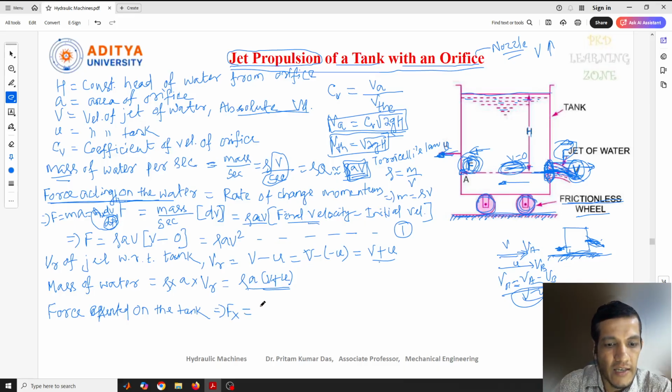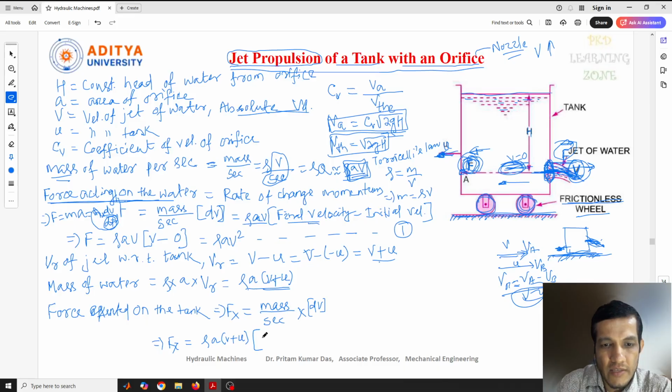So we can write, this is the mass of water coming out from the orifice per second, into the change in velocity, dV. So here the equation I can write is Fx equal to mass per second, which I have already calculated, that is nothing but rho A, here V plus U, and this is the change in velocity.